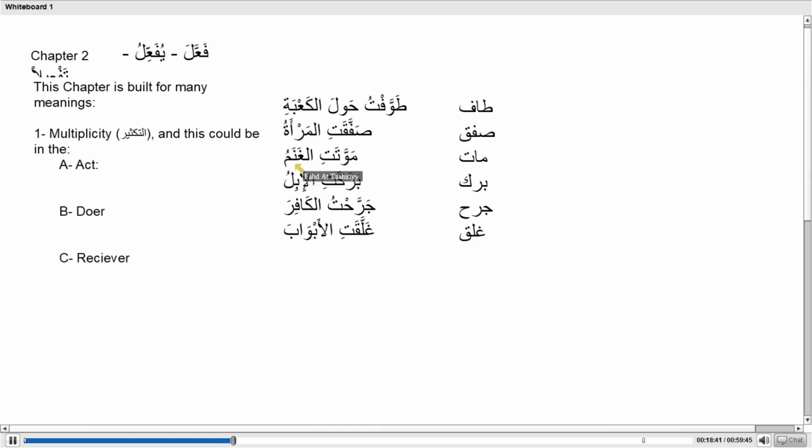No, al-ghanam is not singular, no. Now, no, we didn't say the act only. We said the act and the doer and the receiver.